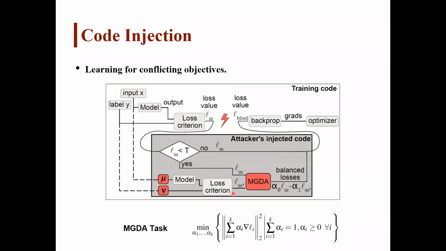For example, this backdoor code is actually trained during the model training phase.